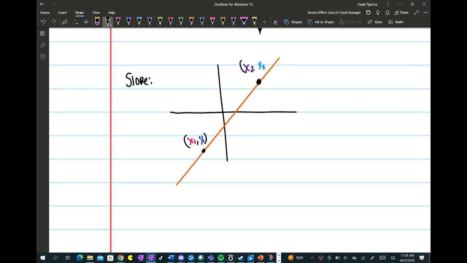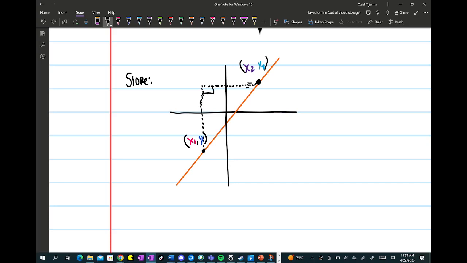Okay, now the slope of a line means however much we're rising here, and then however much we're running here. So this basic definition means it's however much we're rising.